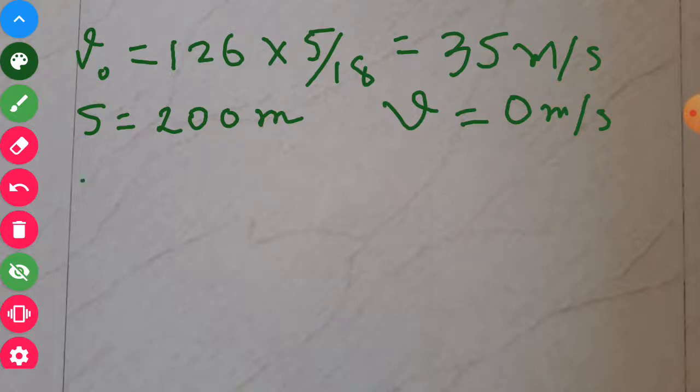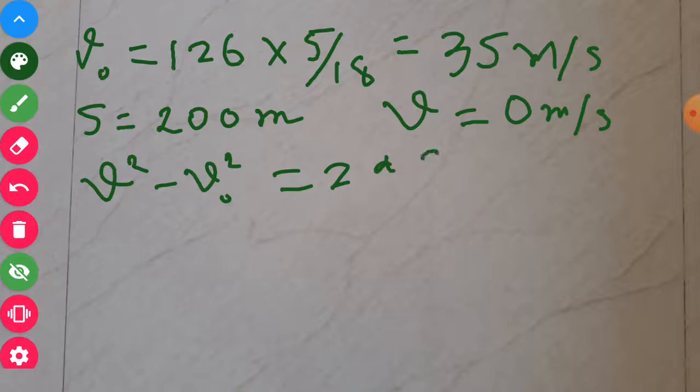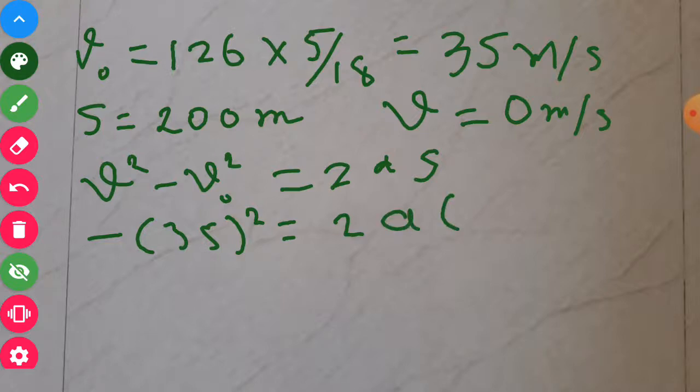So we can use v square minus v0 square is equal to 2as, where s is the distance traveled, and you can simplify it easily. Minus 35 the whole square is equal to 2 times acceleration, which is to be calculated, times the distance covered, which is 200.